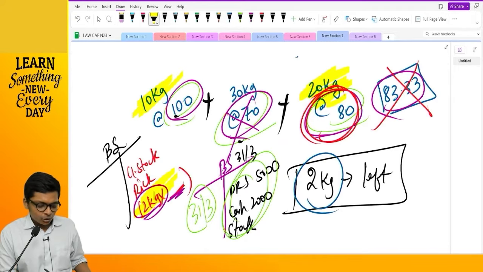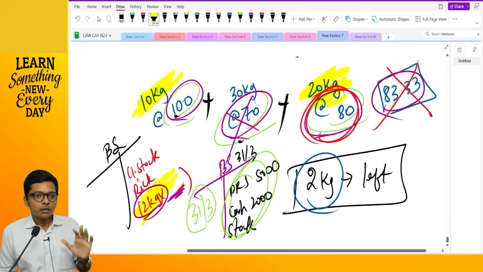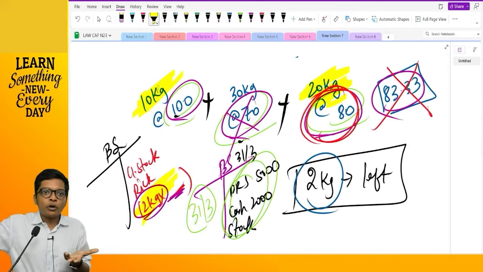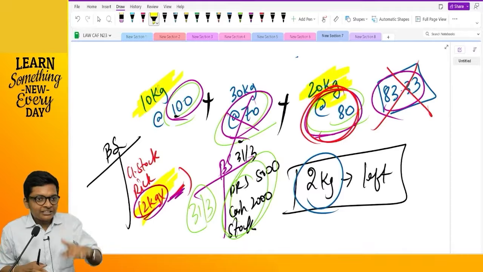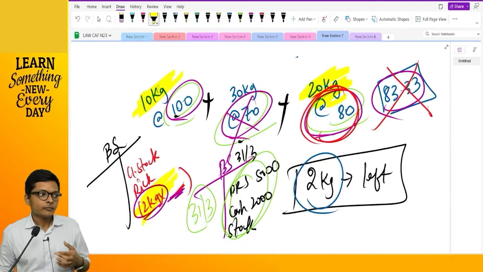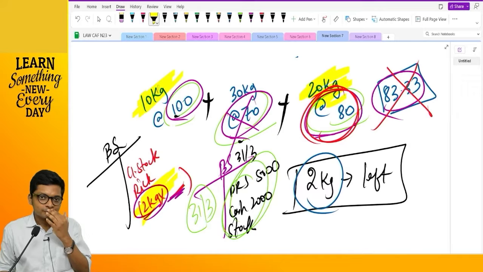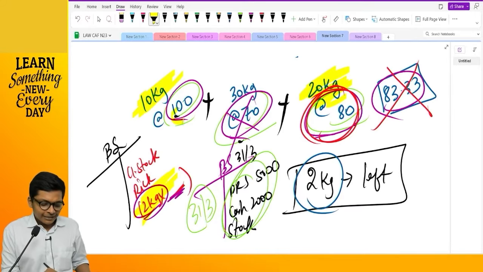In reality, is the 2 kg from the first 10 kg? In the house, you tell me, guys. In the rice you have, do you pour the new rice or do you finish this and then pour the rice? Finish only and pour. Sanji, how do they do it in your house? That was 107, that's why you said 100.